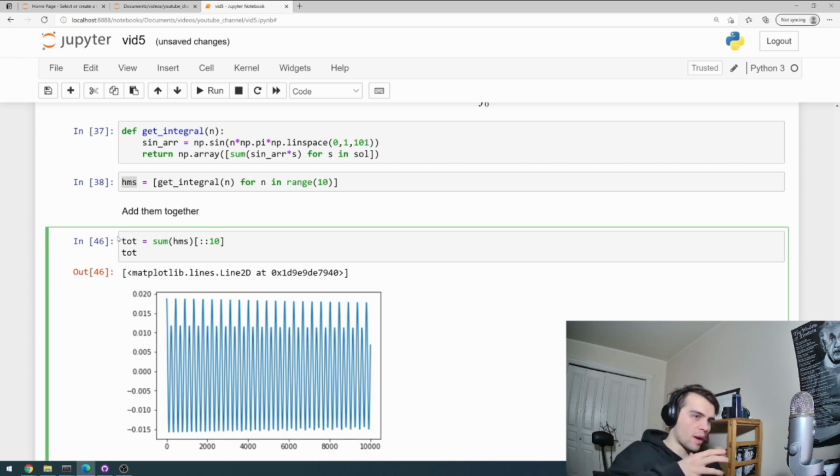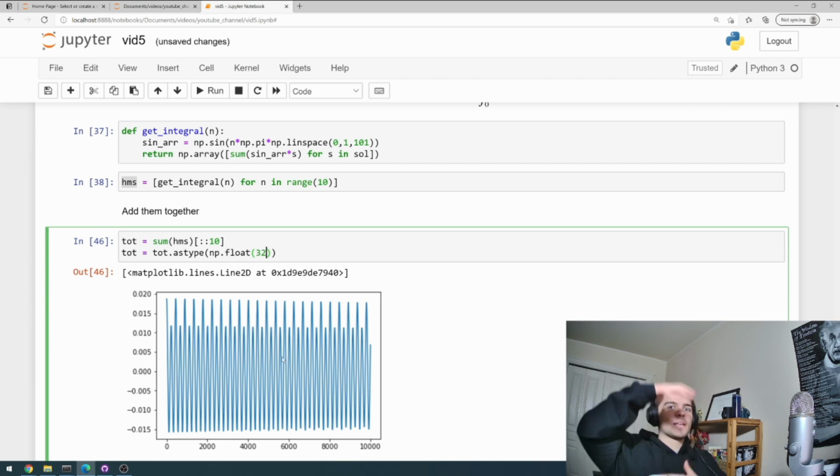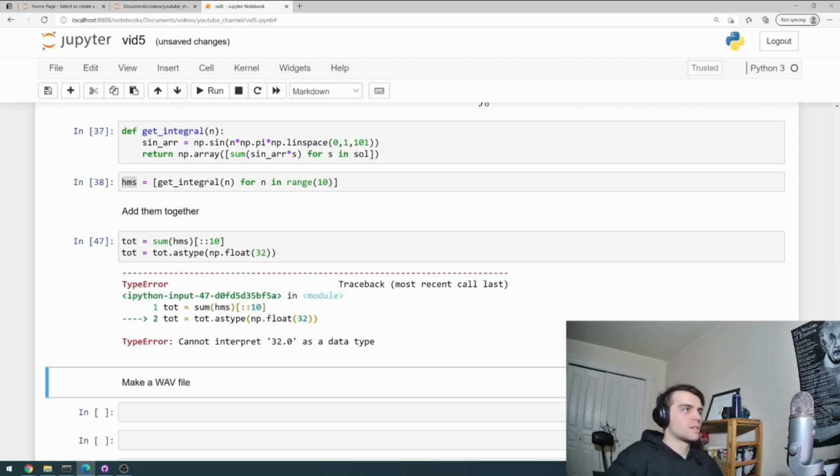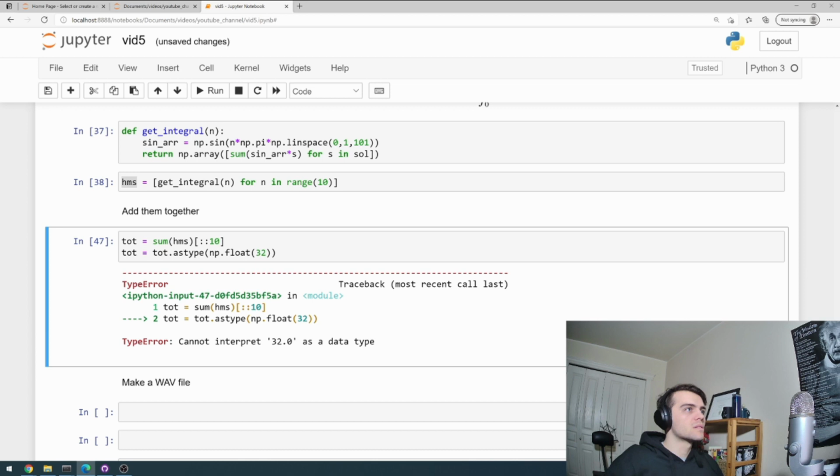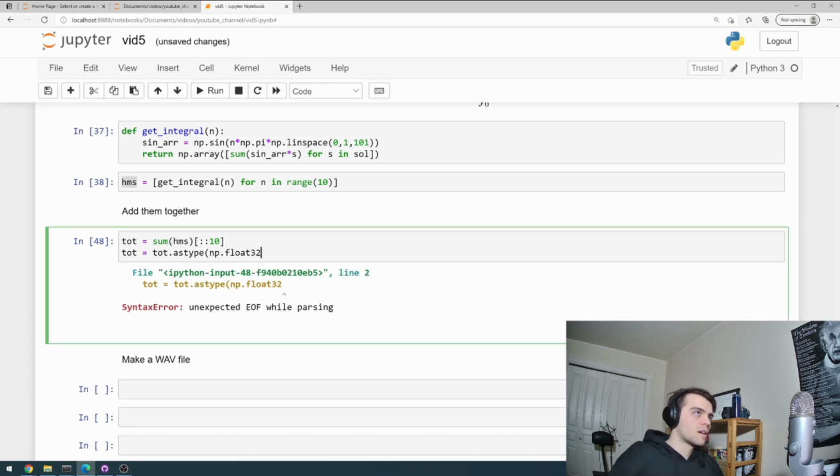And when I save it to a WAV file, I need to be careful that I convert it to np.float32. So remember what I'm doing here. I showed you all these signals here. I'm going to add them on top of each other, and that's going to build up a signal. Now I need to go like this, and put a bracket.